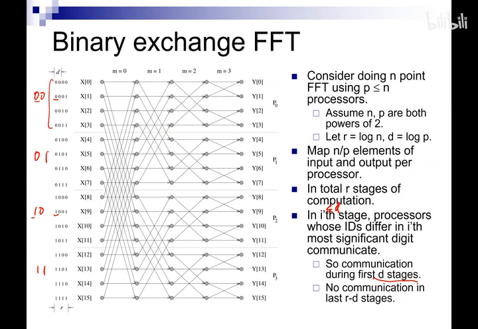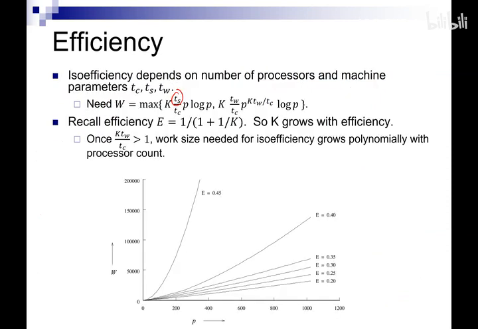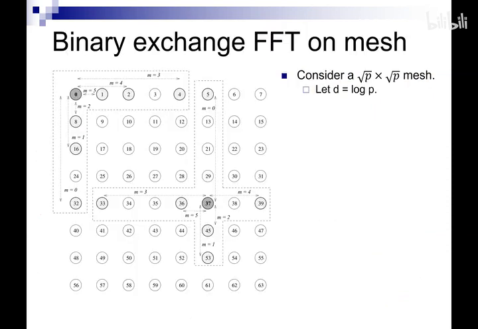So you see that the distance of the value that you need to do the butterfly operation with starts at n divided by 2 and then decreases exponentially. Now when you're talking about the mesh, suppose initially we distribute the values this way.